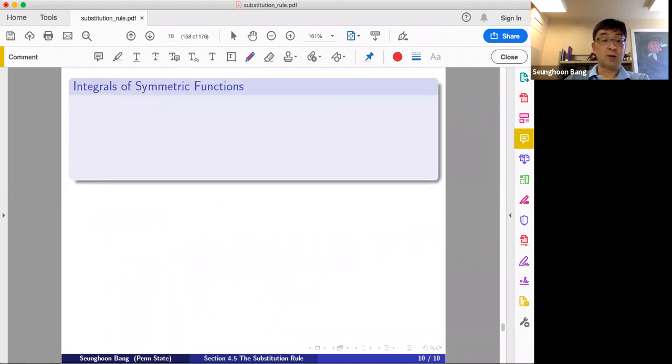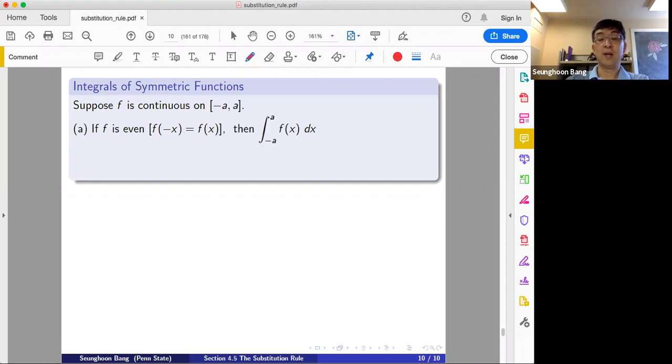The next part, the integrals of symmetric functions. What's that? Suppose f is continuous on the closed interval from -a to a. If f is an even function, what's the definition of an even function? F of minus x equals f of x. What's the integral from -a to a of f of x dx?